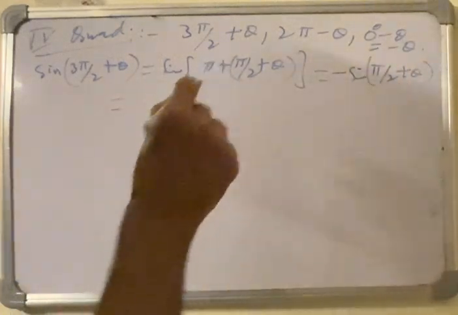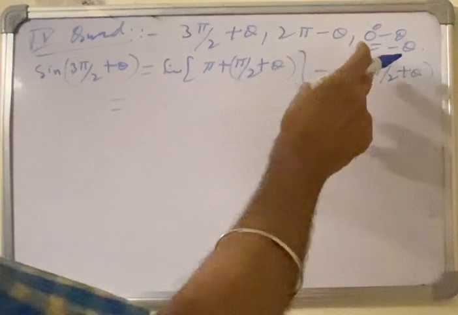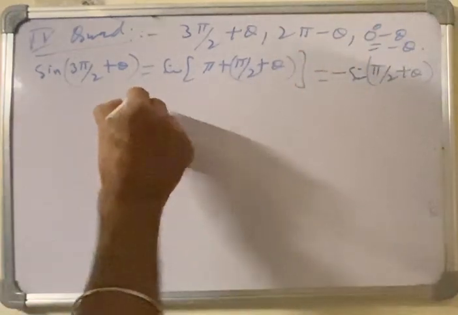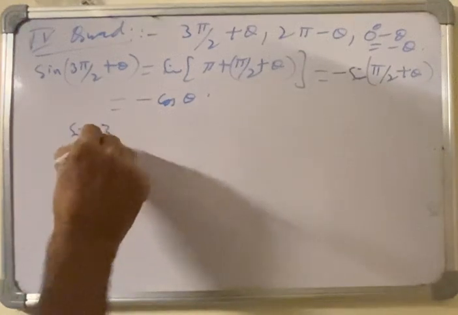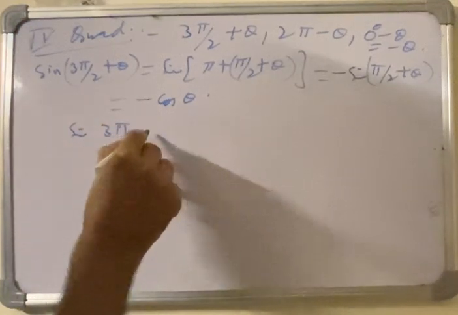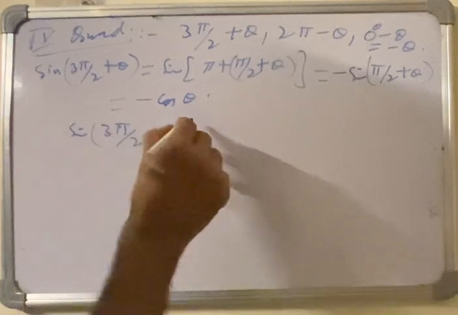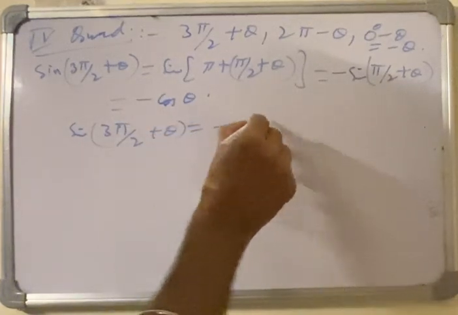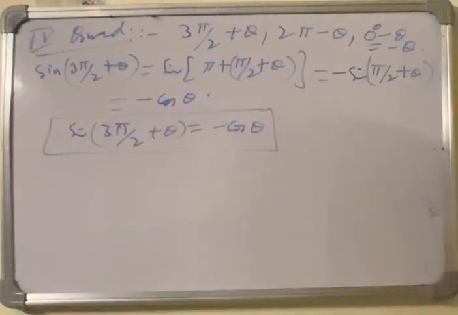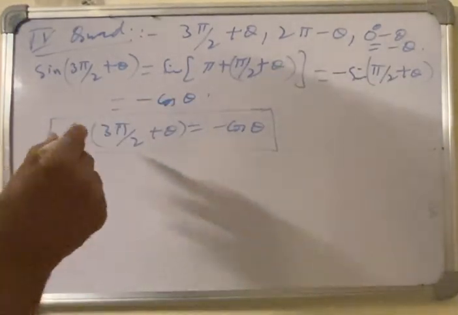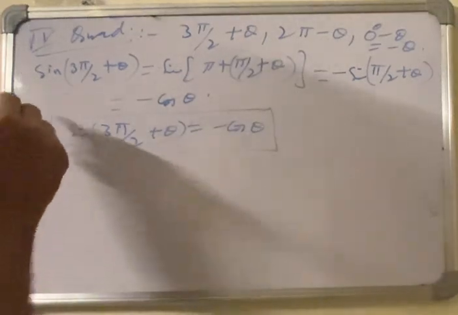In the second quadrant sine changes to cos in case of pi by 2, but it is positive, minus cos theta. So sine 3 pi by 2 plus theta is minus cos theta. In case of 3 pi by 2, again sine changes to cos, and sign is negative in fourth quadrant in case of 3 pi by 2 plus theta.